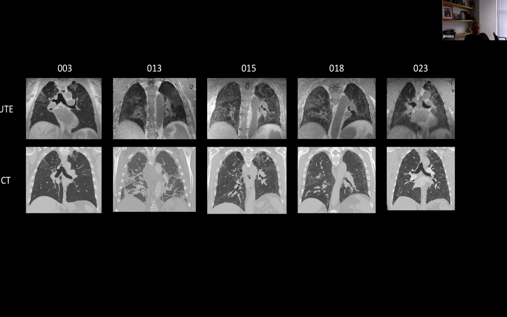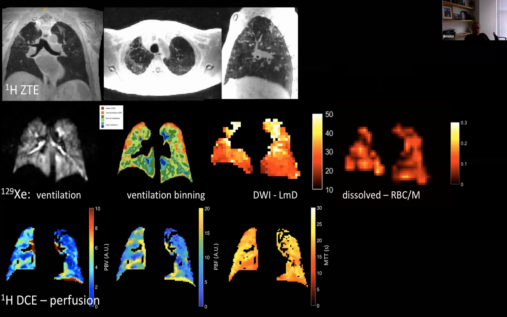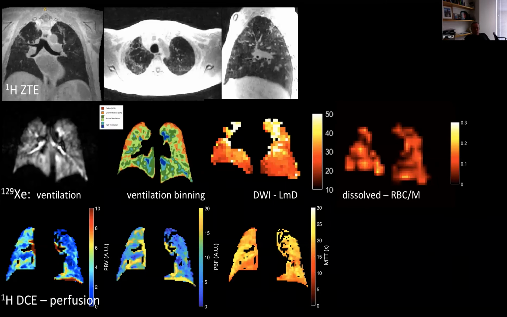The contrast is not exactly the same, but the crude pathology is visible there in the structural imaging. There are some examples of patients with quite severe looking architectural distortion in the lungs post-COVID infection, and just some examples of the different modalities we're scanning with.